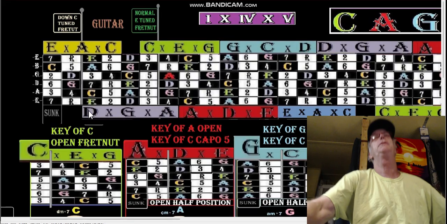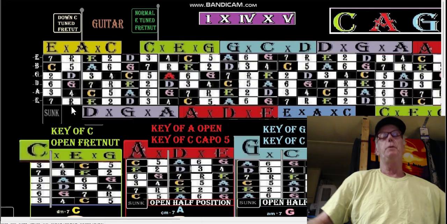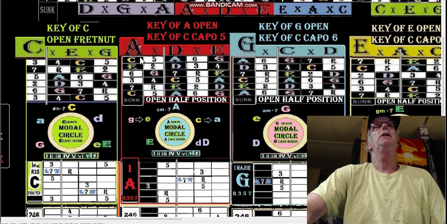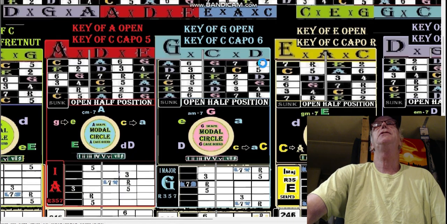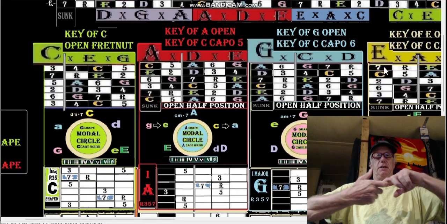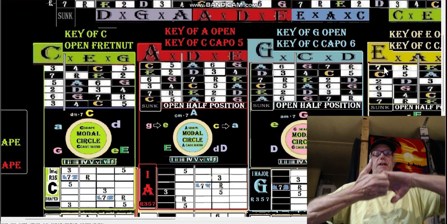So that's a little review of how, when we look at the different shapes, spelling the word CAGED, then we're going to have the interlocking of the cages.